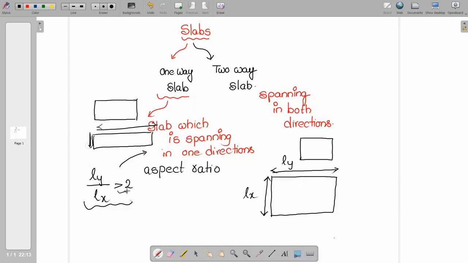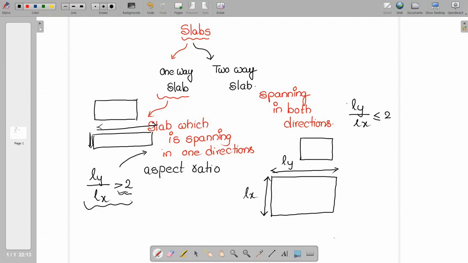But here both are almost the same length, so if Ly by Lx is less than or equal to 2, then it is a two-way slab. Clear, my dear students? This can be an objective question, an absolutely important question in your exam.